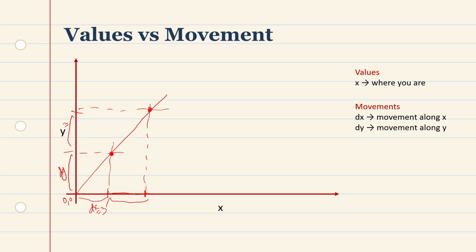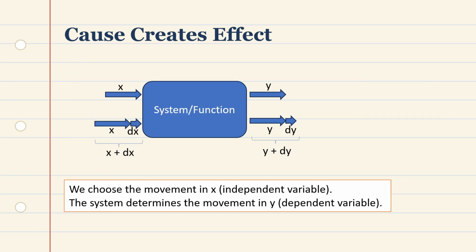So this is what dx means: for a movement that we do in the x direction, there is a change in the y direction also. For every dx change, we have a movement along y. This is what cause and effect is: for an action that takes place, there is an effect which produces y.